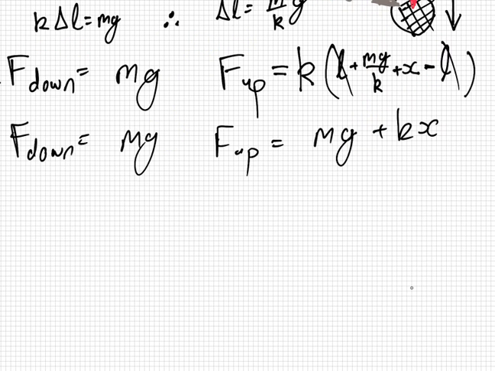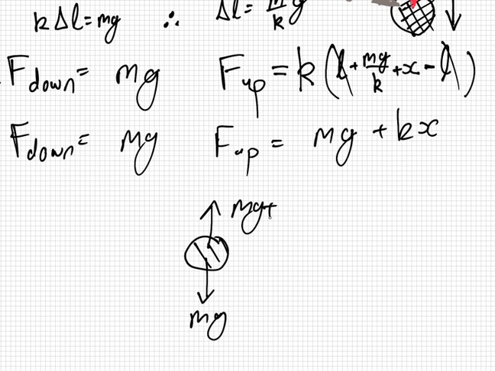Now, if I scroll down a bit, let's draw our situation. Here is the mass. Going down is mg, and going up, mg plus kx. So, therefore, this is the same as up kx, because the mg's cancel.